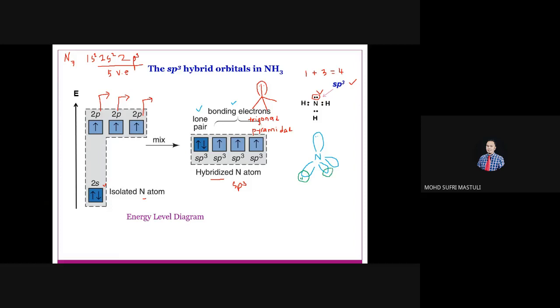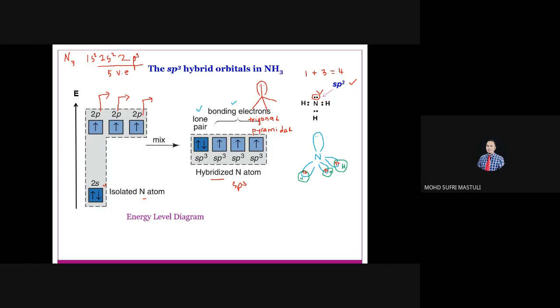You can draw the hydrogens nicely. Every overlapping area has electrons with spin up and spin down. This represents the electrons, up and down, up and down, up and down.